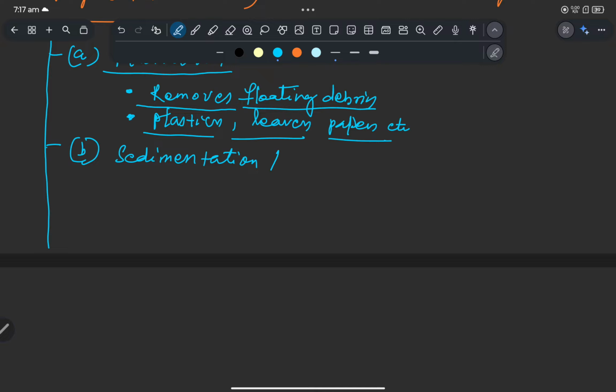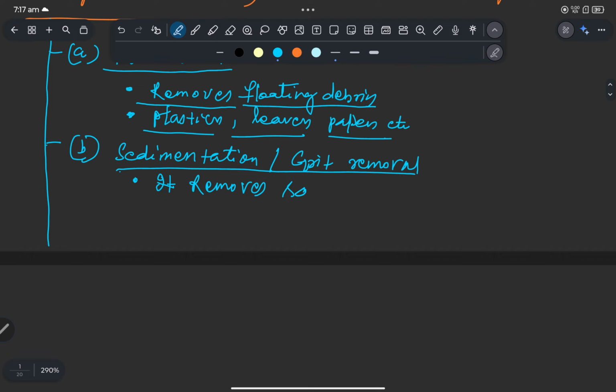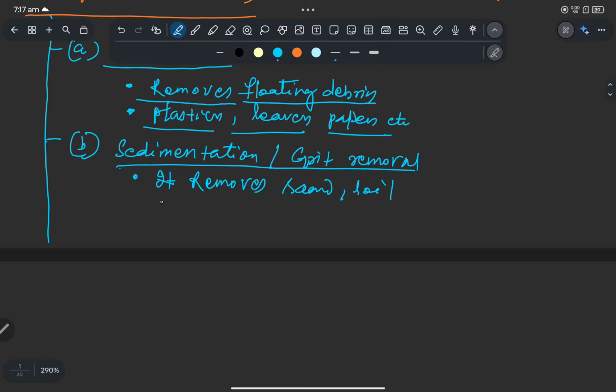This process is also known as grit removal. By this process, what happens? It removes sand, soil, paper.